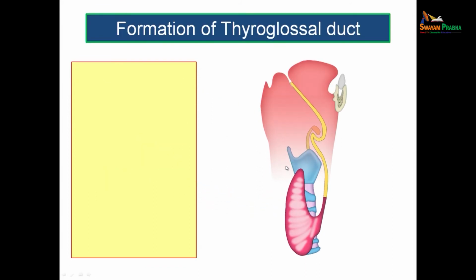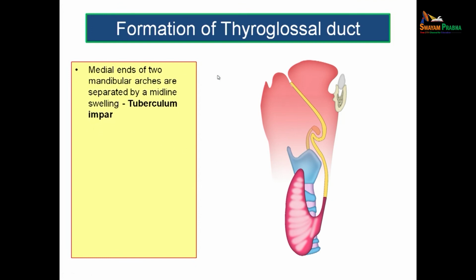So let's see what we mean by the thyroglossal duct. We have already mentioned the mandibular arches, the first arch. The two arches from each side will be fusing in the midline and there will be an elevation known as the tuberculum impar. When the mandibular arches come closer to the midline, they will be separated by an elevation known as the tuberculum impar.